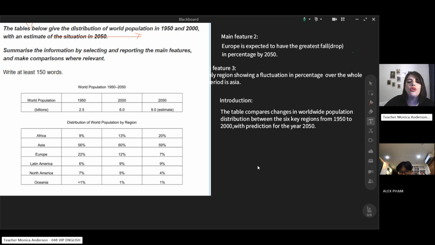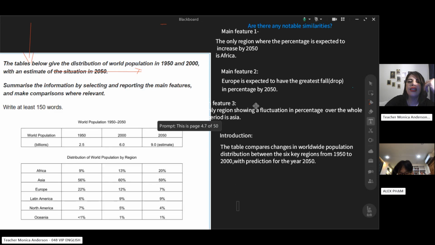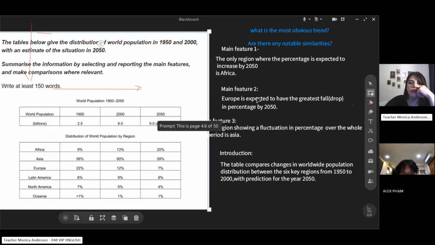Okay, so how to change our main features? Exactly the same. The only region where the percentage is expected to increase, for example, is Africa.